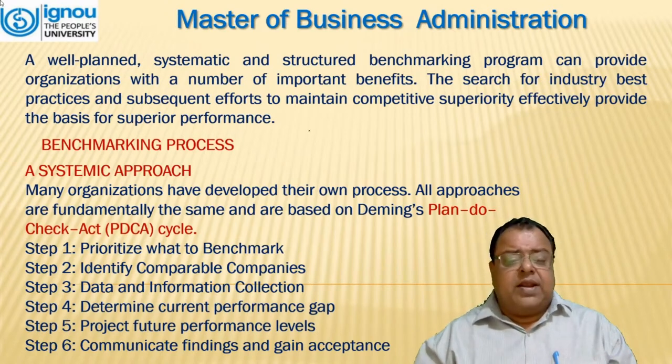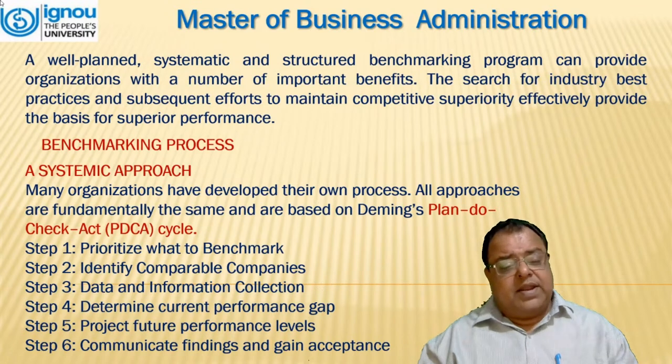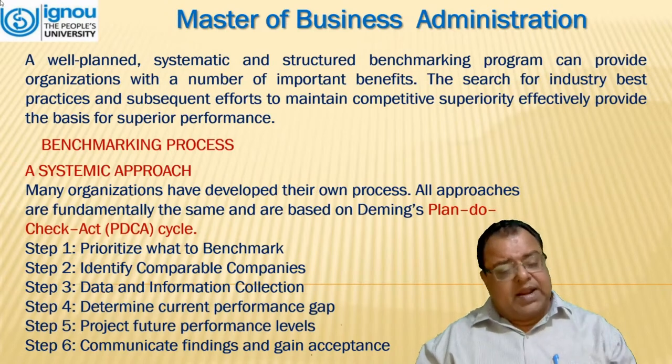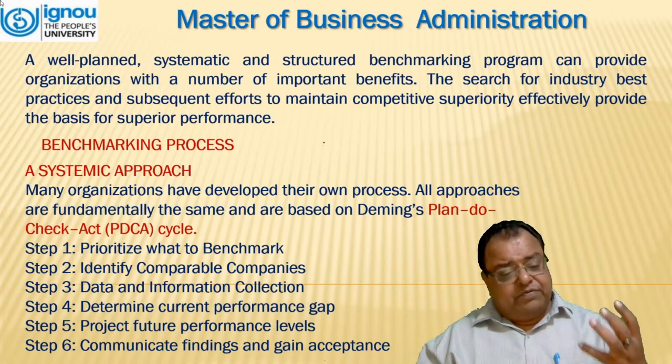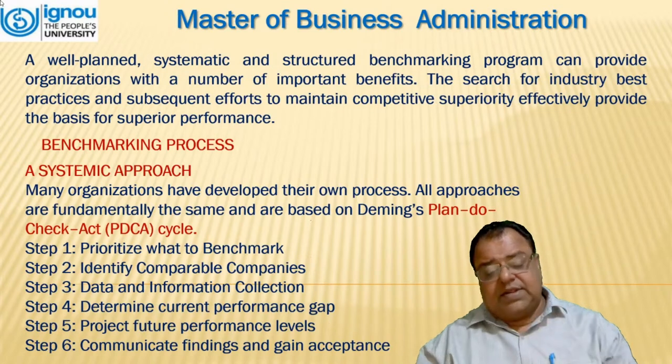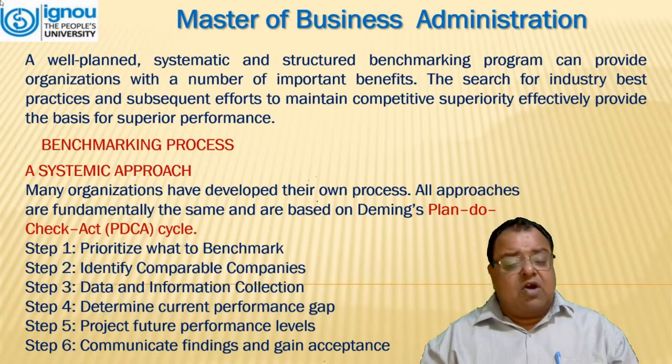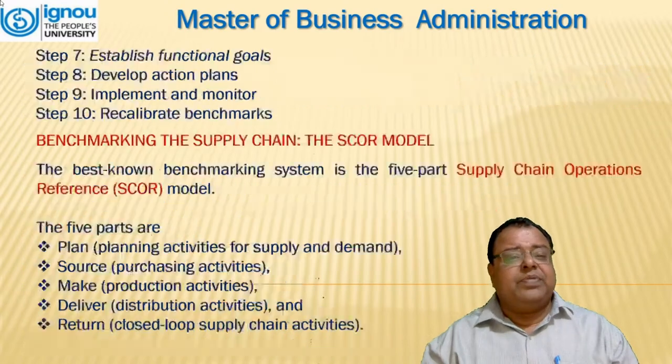Step one is prioritize what to benchmark. Number two, identify comparable companies. Third one, data and information collection. Fourth, determine current performance gap. Fifth, project future performance levels. And sixth one is communicate findings and gain acceptance.